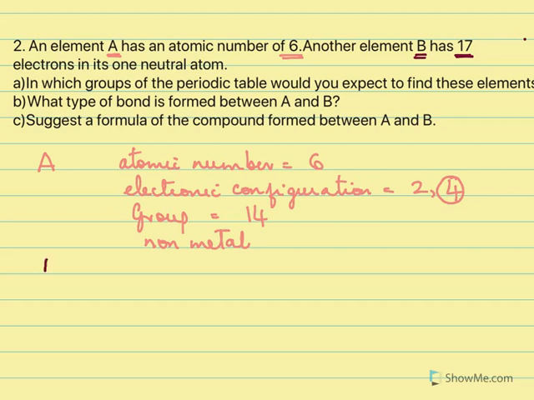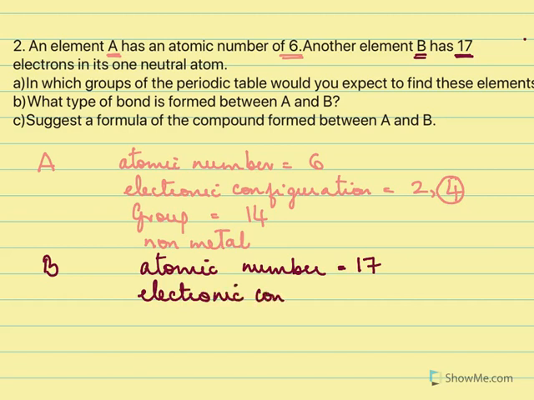Now let's take up B. They said B, atomic number is 17. Although electrons are 17, we say atomic number is 17 because number of electrons equal to number of protons. So this is 17.